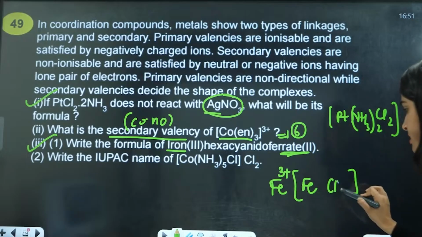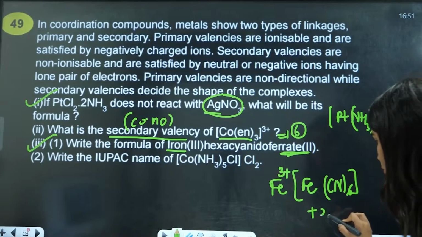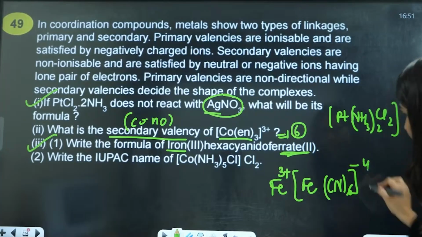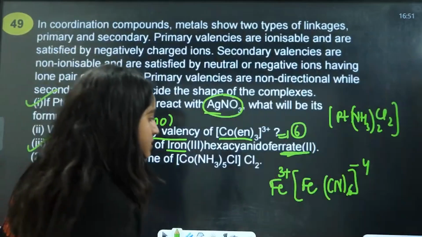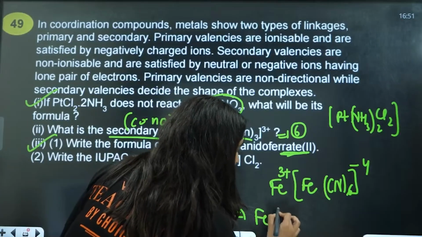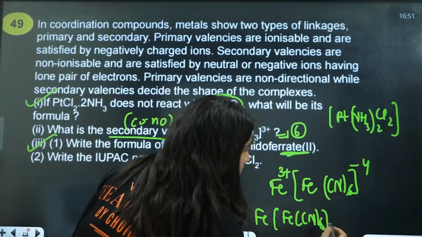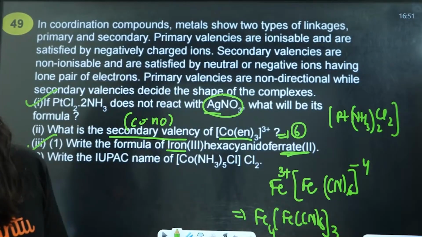This is hexacyanate. If this is plus 2 and this is minus 6, this is going to be minus 4. After cross valency, this is going to be Fe4[Fe(CN)6]3. Understood this?